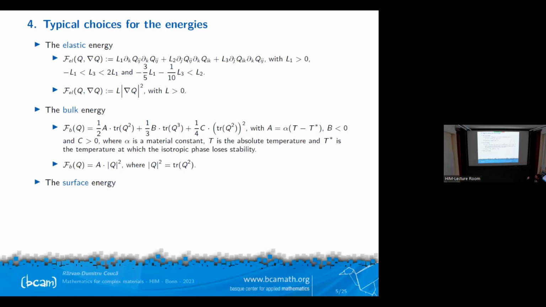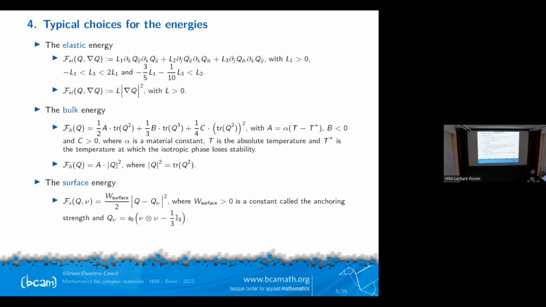And for the surface energy, I just want to highlight the most familiar one, the Rapini-Papoular surface interaction, in which if one were to minimize only this surface energy, essentially Q is going to want to become this Q mu, which is a Q tensor defined based on the outward normal of the surface of the container that we are using.